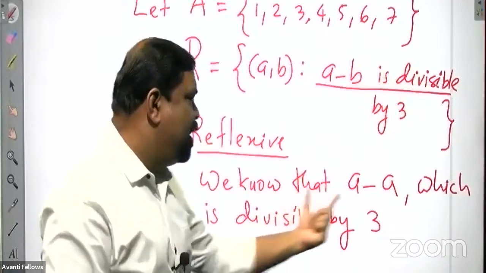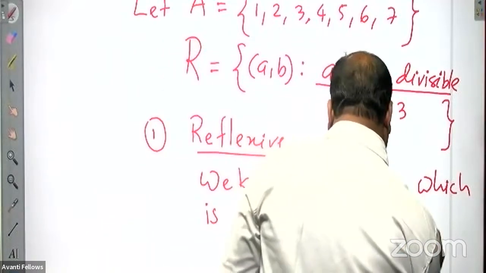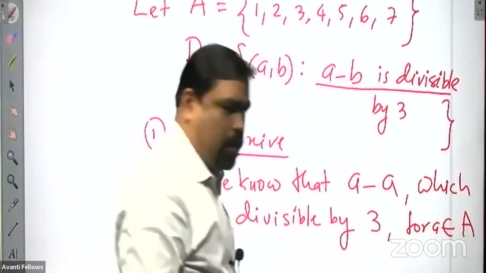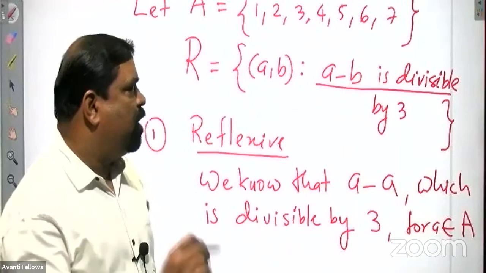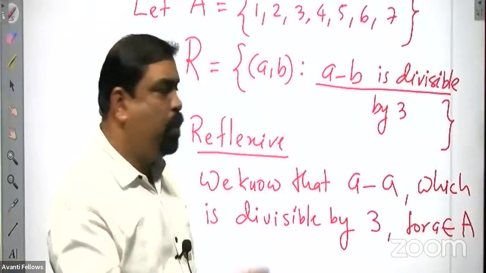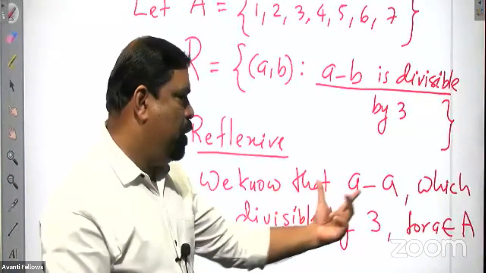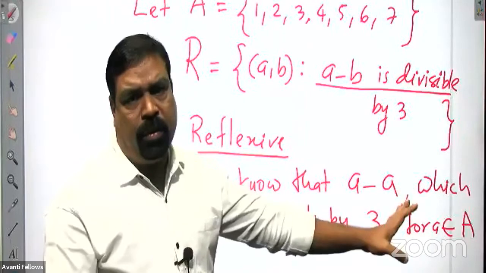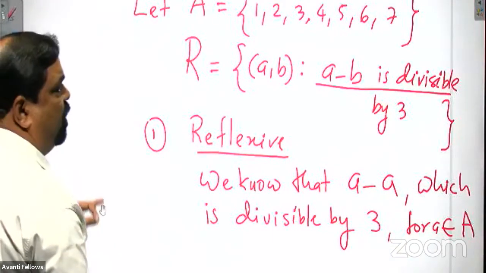In general, we write like this, for all a belongs to the set. Some students may be writing 1 minus 1 equals 0, 2 minus 2 equals 0. No need to write like that. In general, for any element, a minus a is always 0. So it is reflexive.